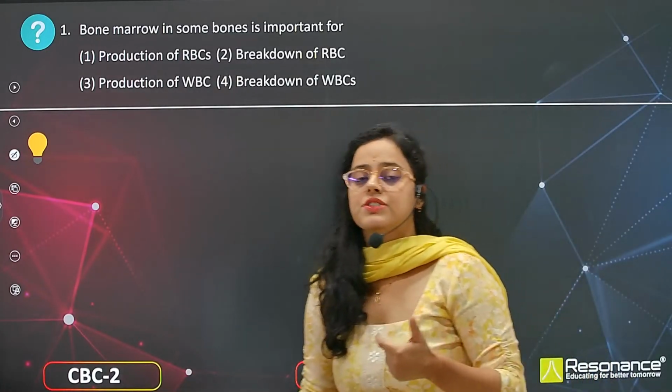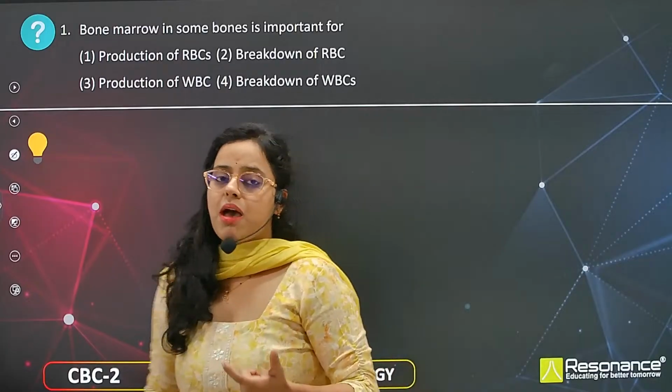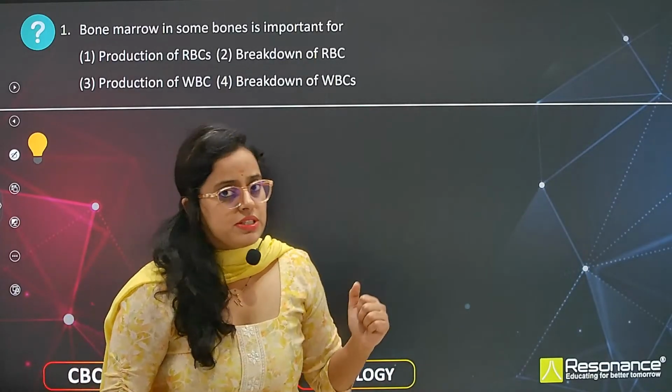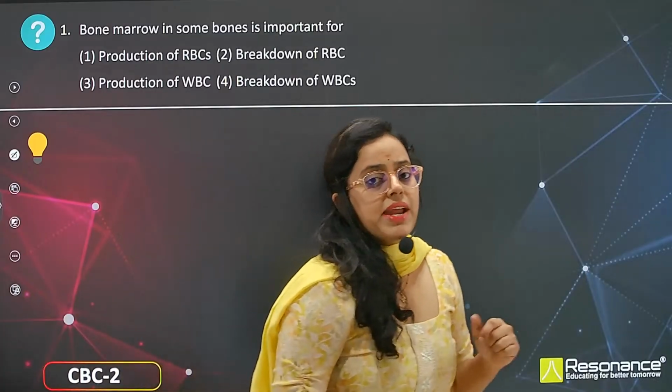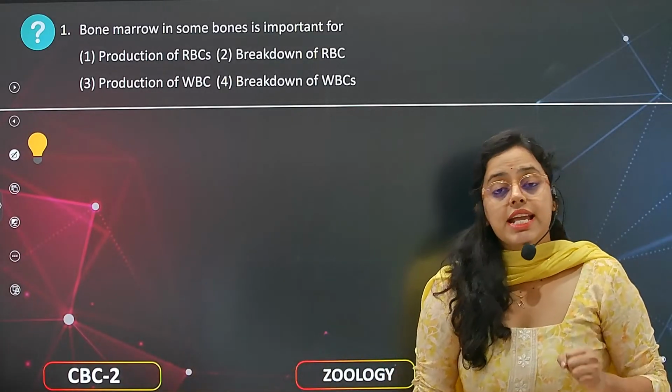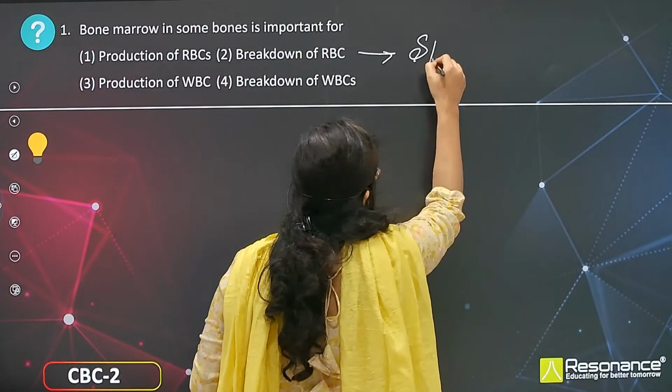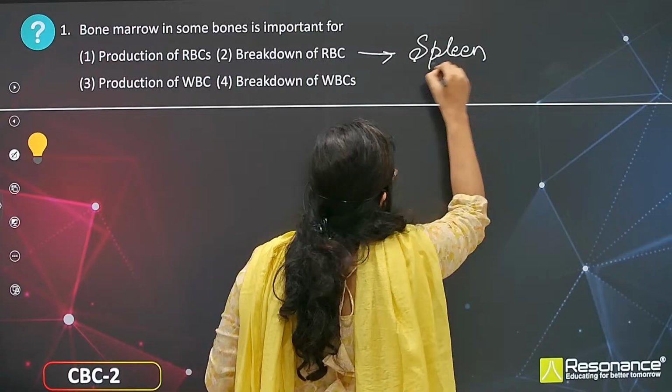Yesterday we discussed bone marrow, and bone marrow is where RBCs are formed or matured and WBCs are formed. So breakdown of RBCs takes place in which organ? It is the spleen.